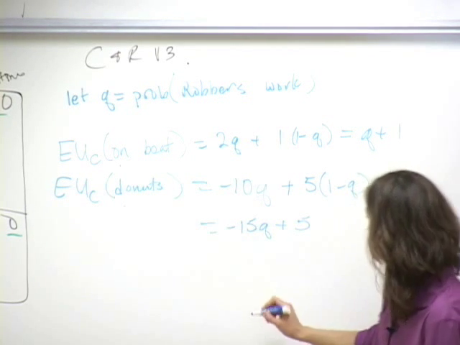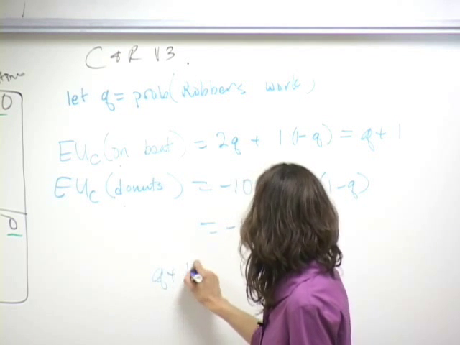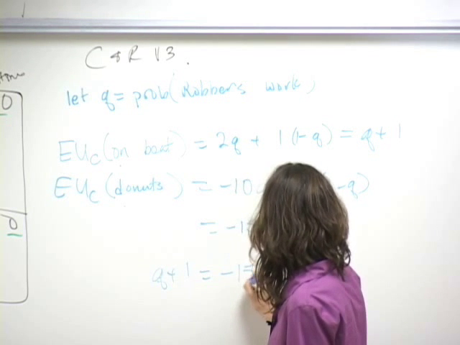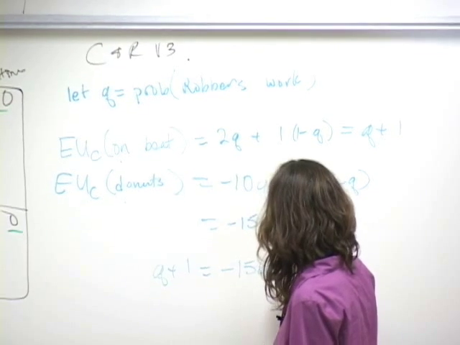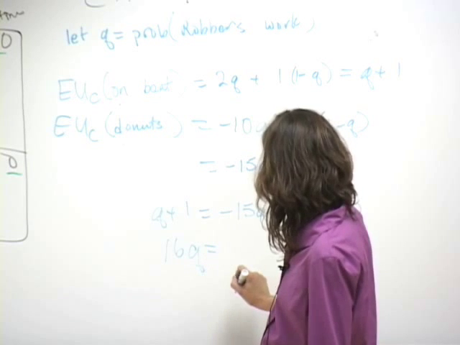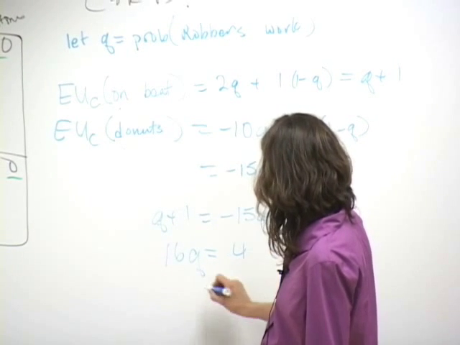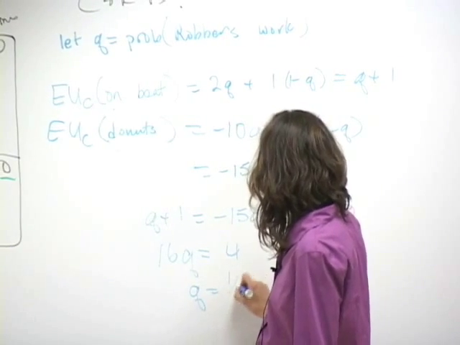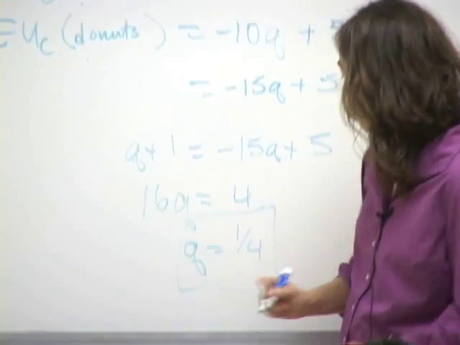Okay, setting those equal, setting the expected utility of the cops of being on the beat equal to the expected utility of the donuts, Q plus 1 equals -15Q plus 5. 16Q equals 4. Q equals 1/4.